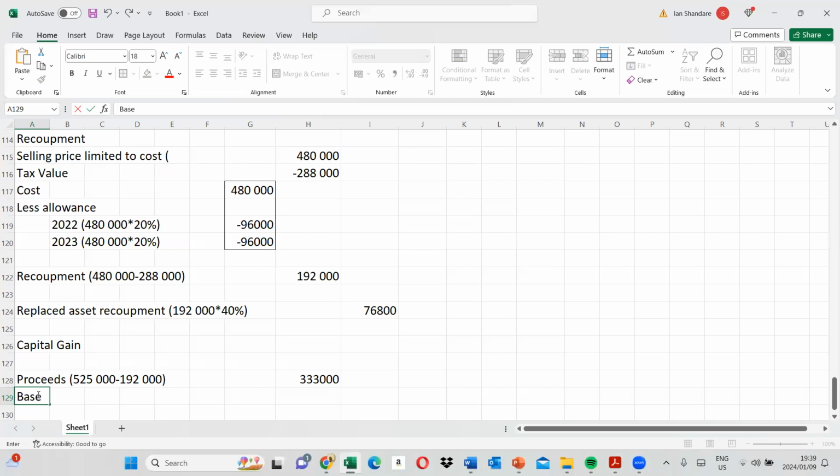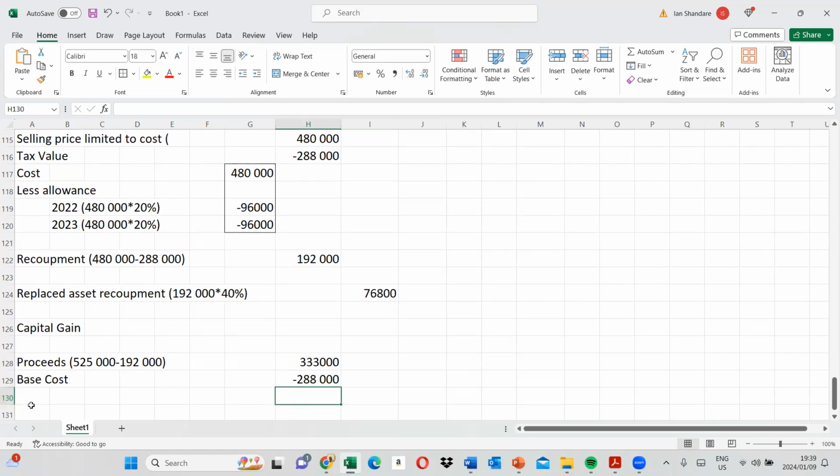And then base cost. There were no additional costs, which means the base cost will still be the same as the tax value. So it's 288, which means you have your capital gain, which is sitting at this.